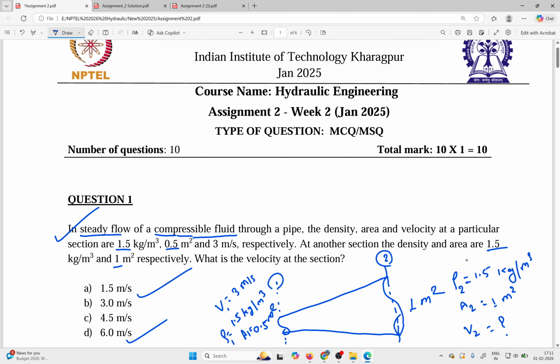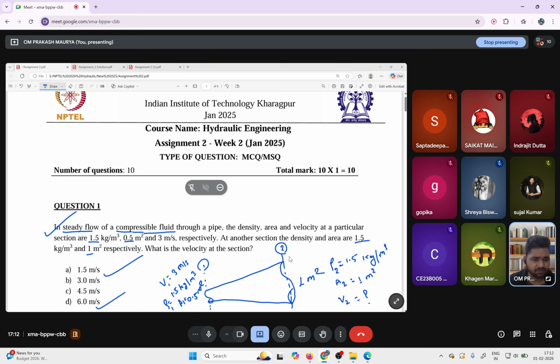Remember this. The fluid is compressible, but in the question density is given similar. Okay, no issue, we have to solve. Maybe there is a slight variation in the density, that's why it is given more or less the same at both, even though the fluid is compressible. You can write your answer in the chat box.